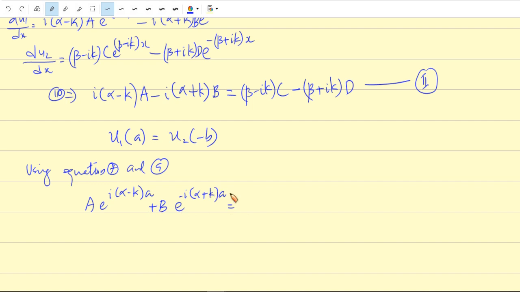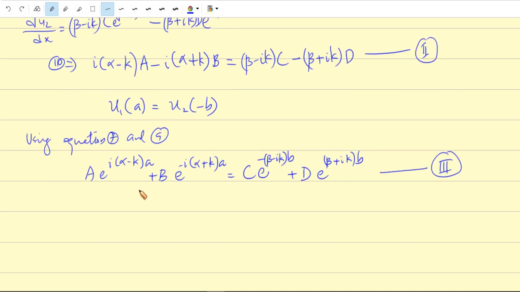So this will be C e raised to (β − ik) into minus b, plus D e raised to minus of (β + ik) into minus b. So it will be plus (β + ik) into b. This is equation number 3.